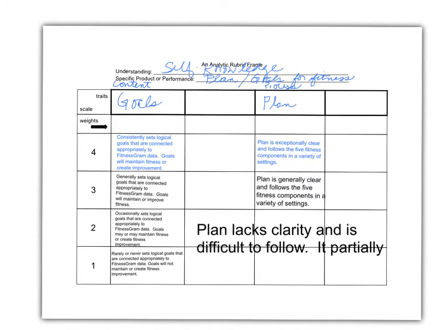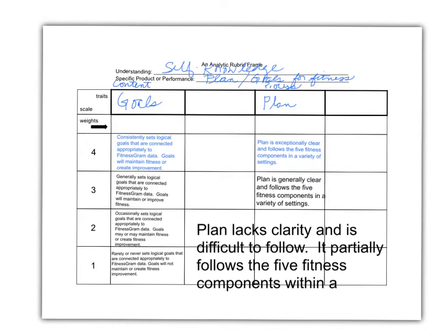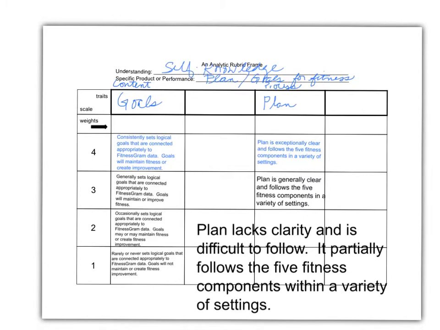They just have a couple of settings. So I think those students are partial, they're incomplete. So now I'm also using the degrees of understanding for my terms. So it partially follows the 5 fitness components within a variety of settings.